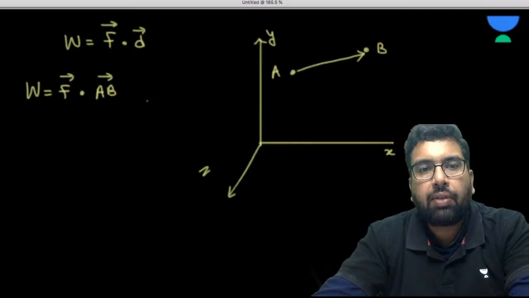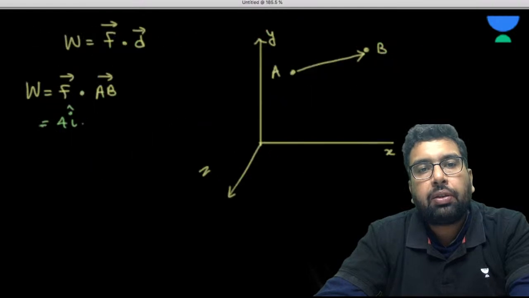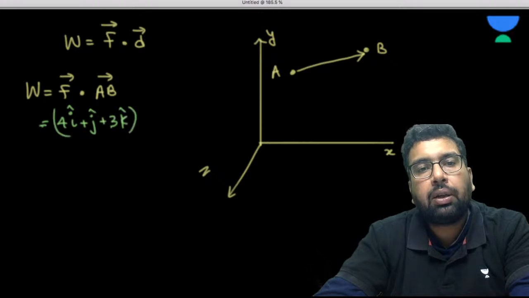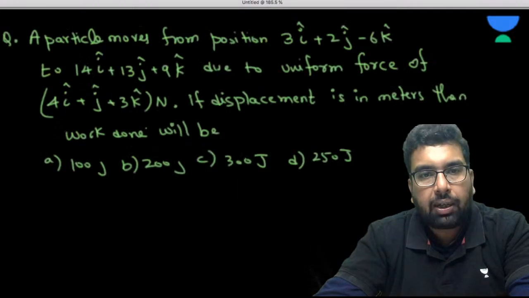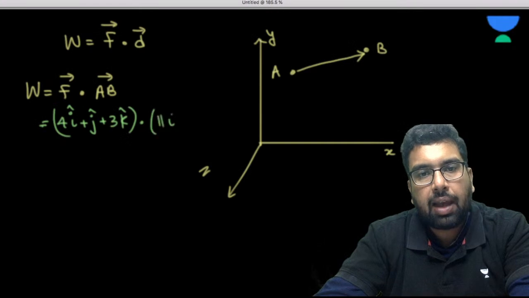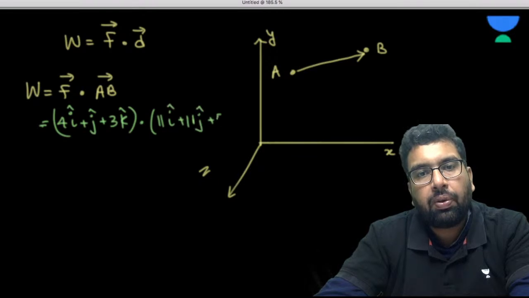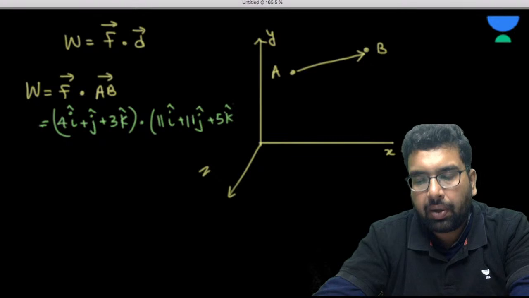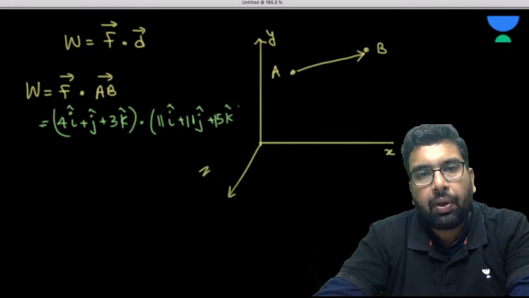Okay, now I can have the dot product. So force is given. What is the force? Force is 4 i cap plus j cap plus 3 k cap, and this is into AB vector, that is 11 of i cap plus 11 of j cap plus 15 of k cap.